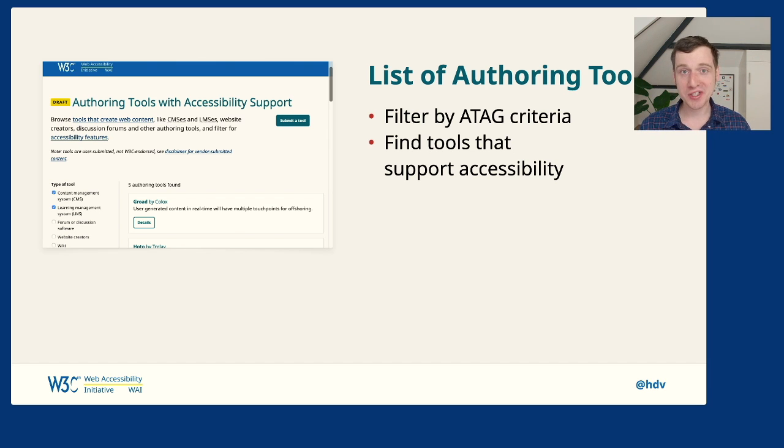Now, this is all still dummy data that you can see here. It's not live yet. But we are working on getting our first entries into the list, and if you create a tool that you think qualifies for this, that has accessibility support and that meets one or more of the ATAG criteria, do get in touch. I'd be interested to hear from you.